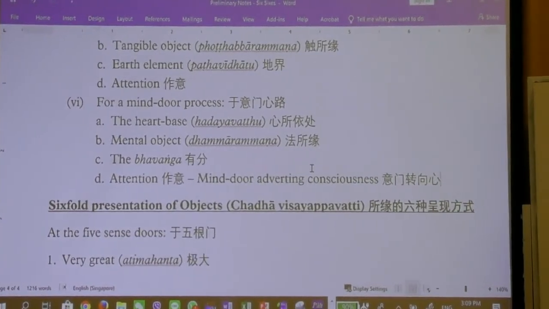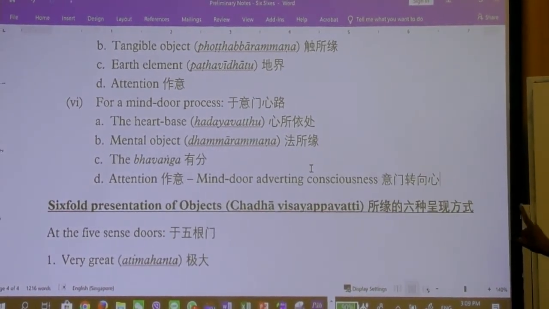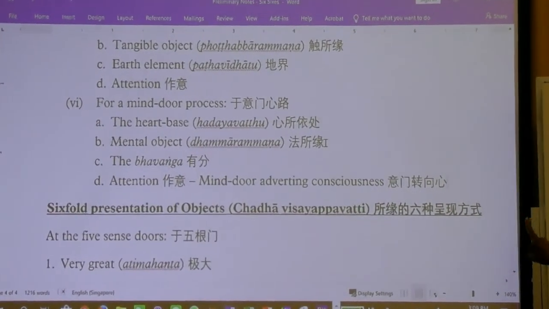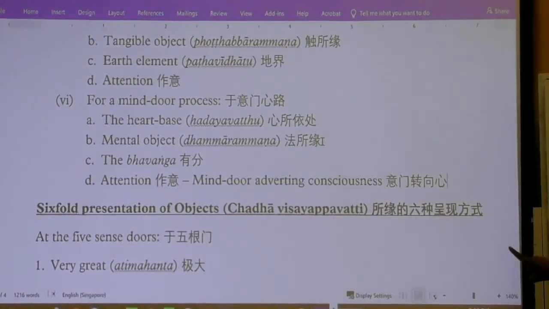The following mind process also has different conditions: still heart base, but not the mental object, it's called color object, and also bhavanga and attention. But anyway, we are talking only about the 17 moments now.